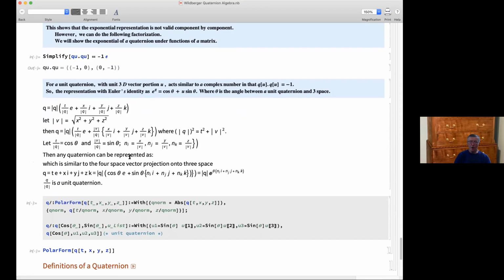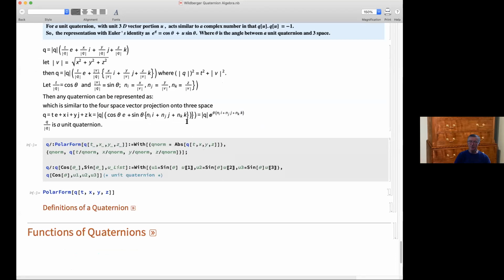And therefore, we can end up with a format that looks like the absolute value of Q times the cosine of theta times the identity element plus the sine of theta times the unit pure quaternion part. Since the pure quaternion part squared is -1, as you would expect for a complex variable i, Euler's formula continues to work in this format.